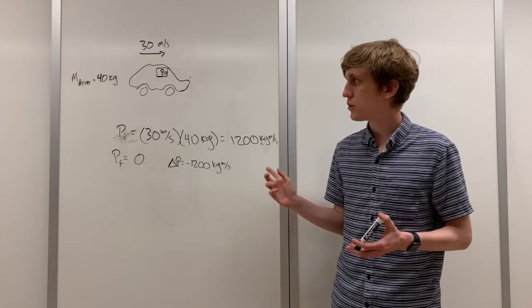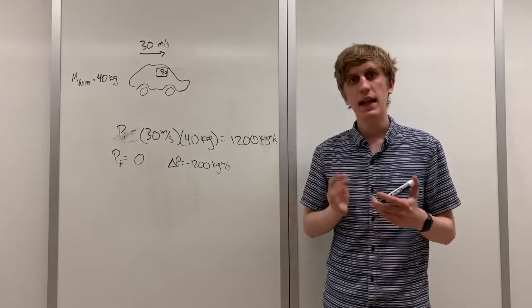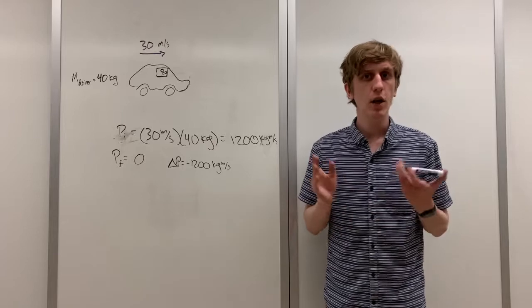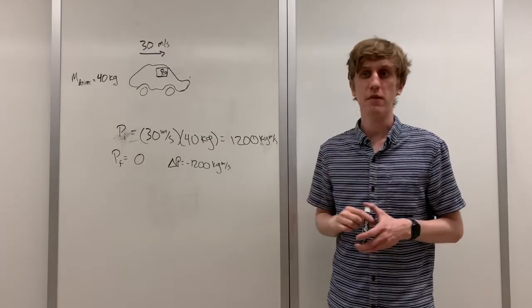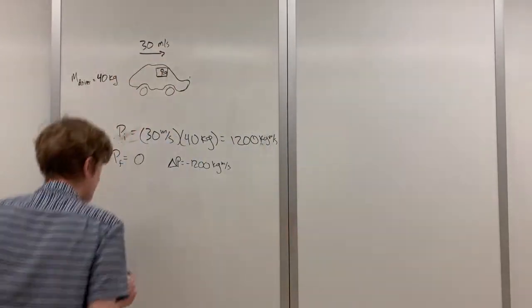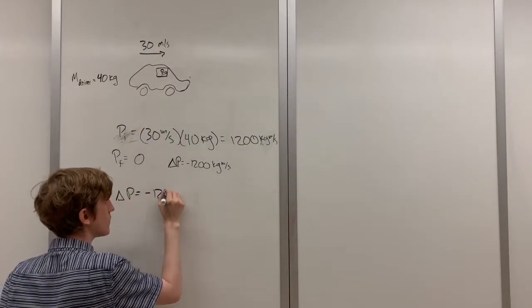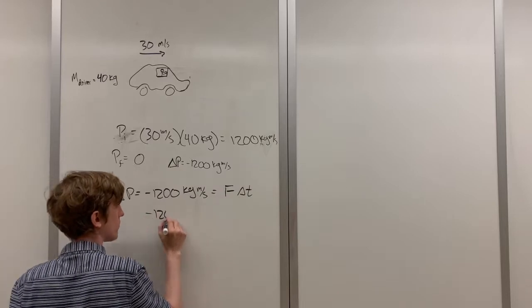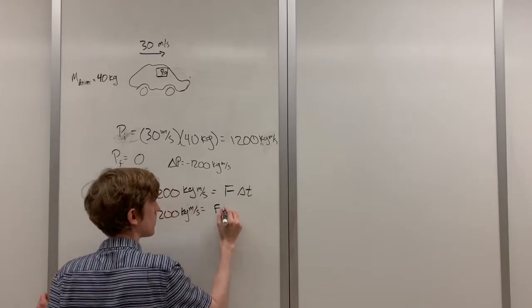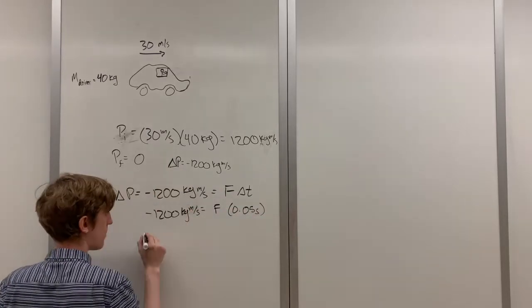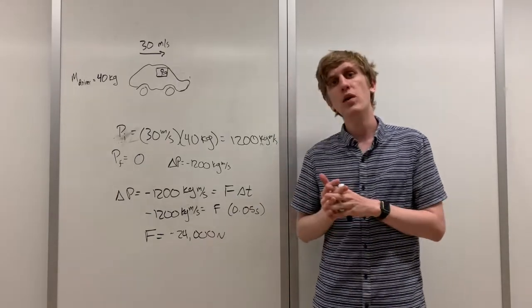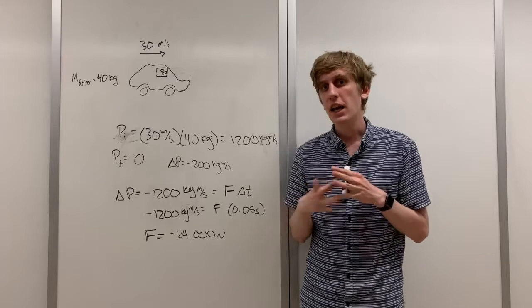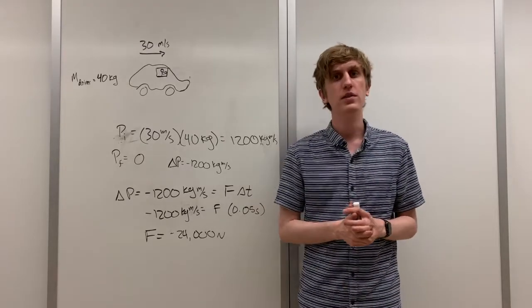If we set this equal to impulse and use the fact that the collision only takes 0.05 seconds, we can determine the force that the driver feels. So the force that the driver feels in this case is 24,000 newtons. That's a huge, huge force.